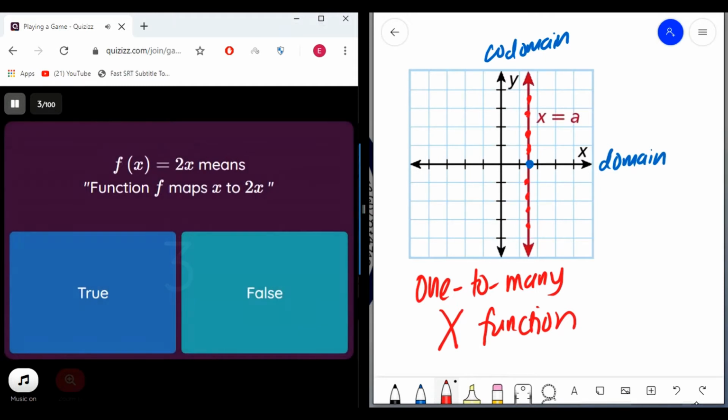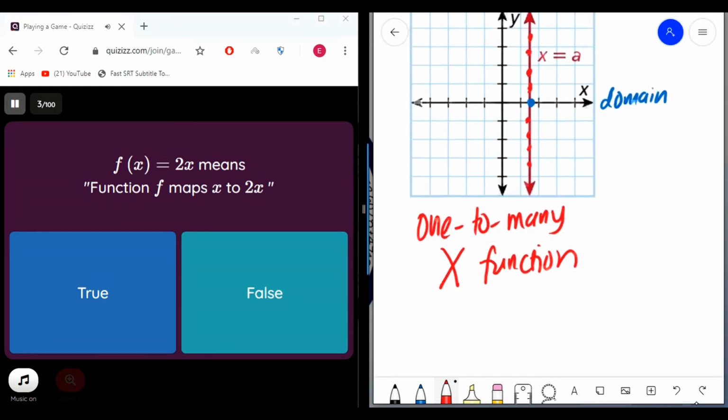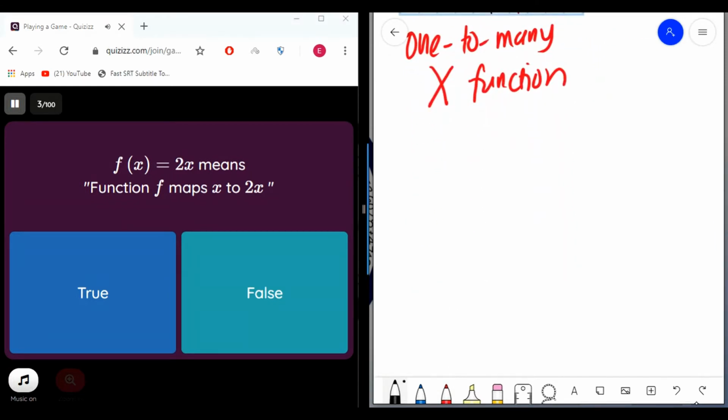Question number 3. f(x) equals 2x means function f maps x to 2x. Obviously, this is true, right? Wrong! We have 2 types of function notation. Let me write it down for you. We can have f(x) = 2x and f: x → 2x. The 2 of them have different meanings.